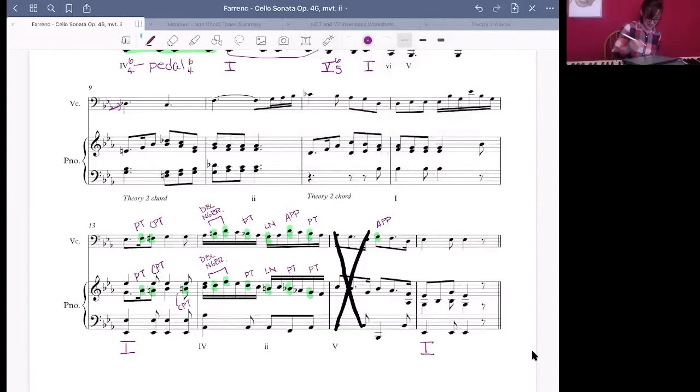One of the things that is interesting is we get these 2 passing tones, which by definition, I guess, maybe doesn't make them passing tones, but we get this sort of chromatic movement. So the A flat is a passing tone.